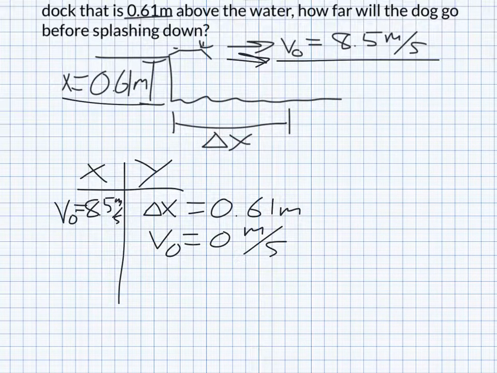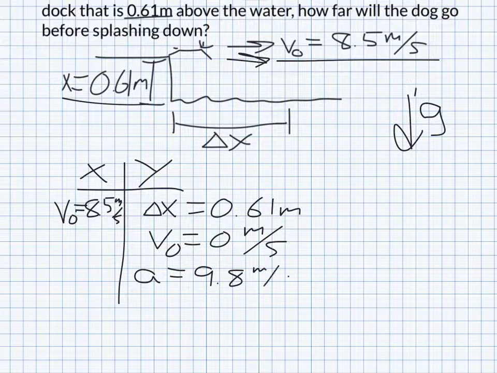We can also talk about gravity. Gravity acts only in the vertical direction. That's g. So the acceleration here, a in the vertical direction, is free fall. It's 9.8 meters per second squared.